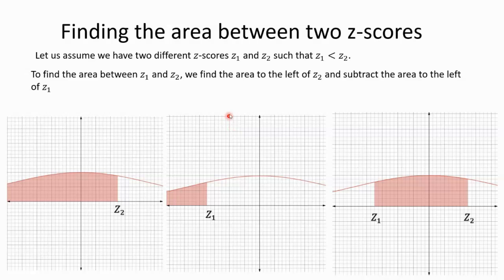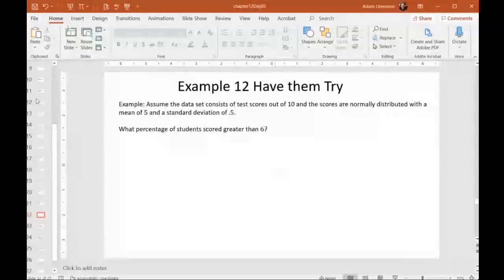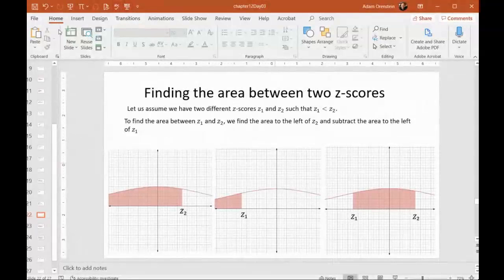You would get the area to the left of z2 and subtract the area to the left of z1. That's what I'm trying to show with these graphs. We'll go more into this next time though. I think we're going to have to stop here because we have like a minute left.